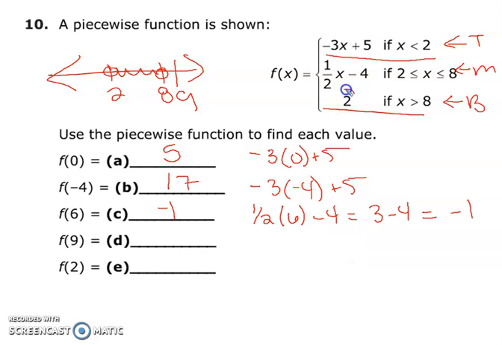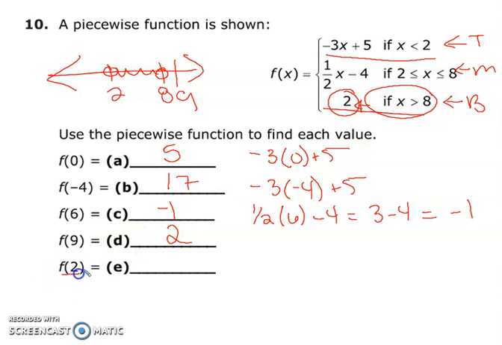It's just 2. Because this is just telling me y equals 2. So anytime it's above 8, it's 2. Because there's no equation there. It's just the number 2, whole number.